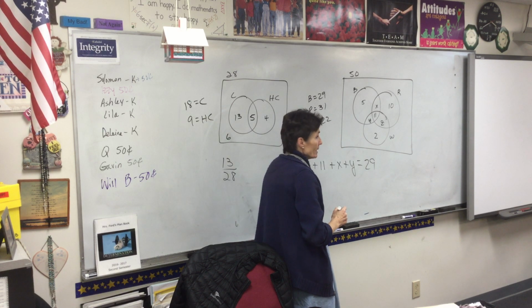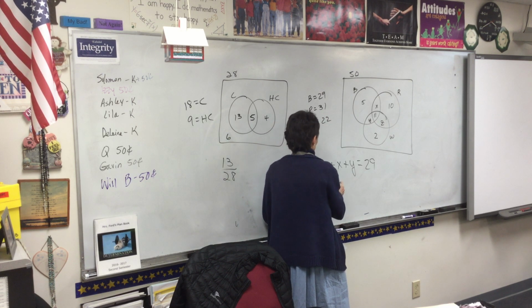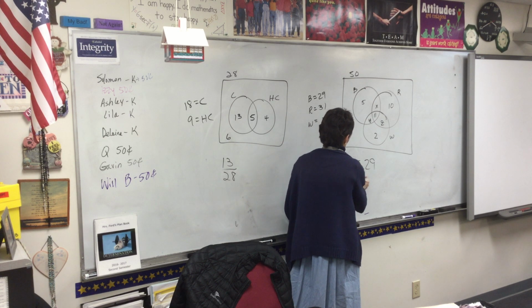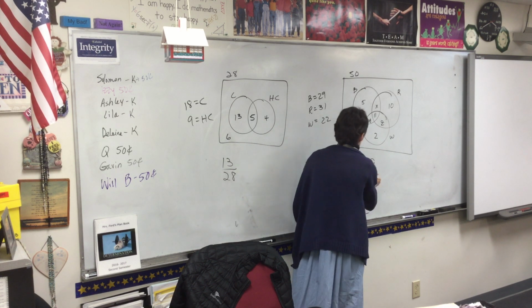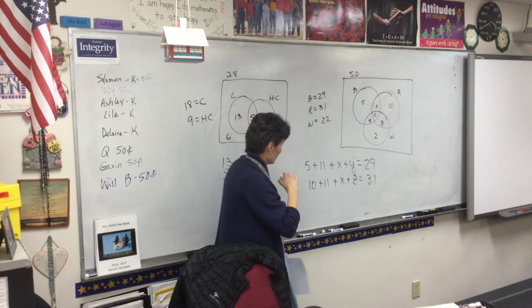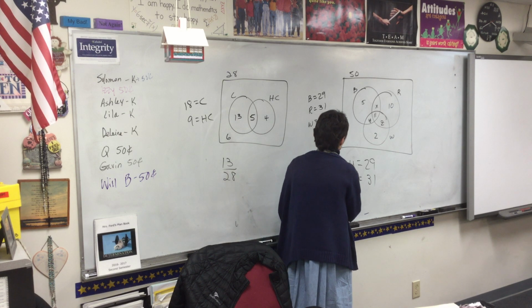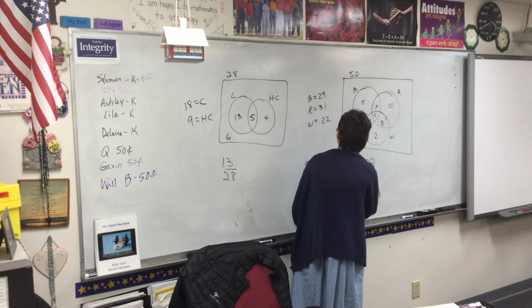Perfect. And then I got one for my red Gatorade, and that equals 31, that's what you use your totals for. And then 11 plus 2 plus y plus z equals 22.